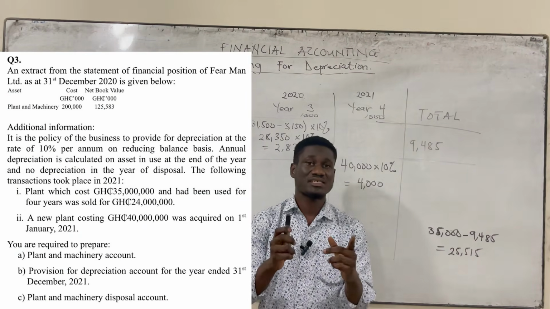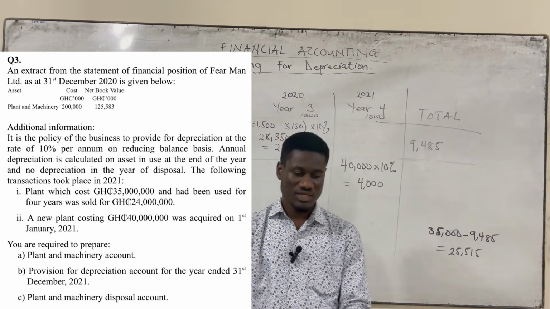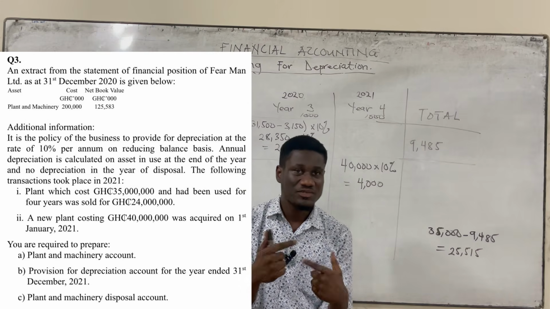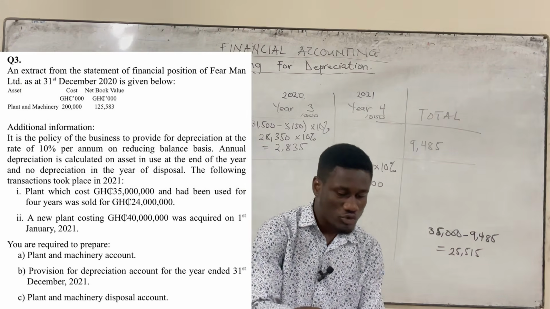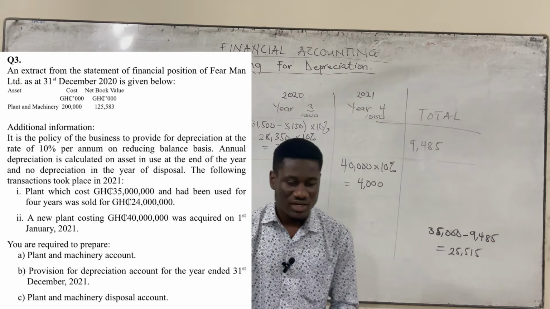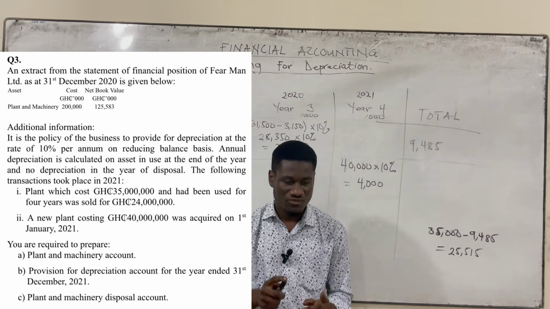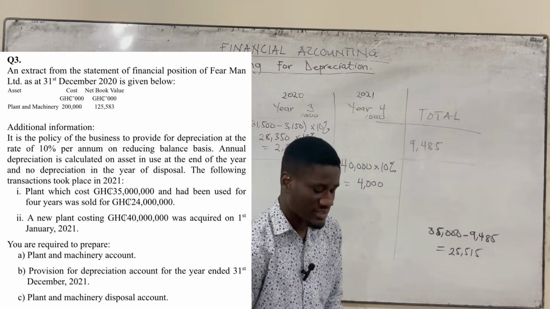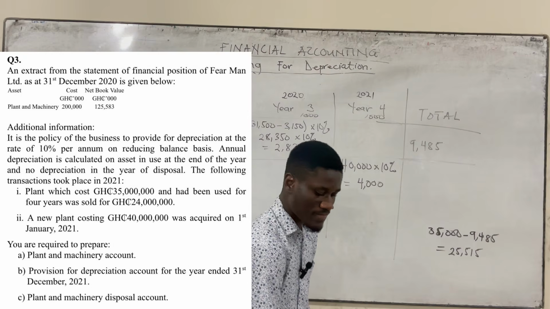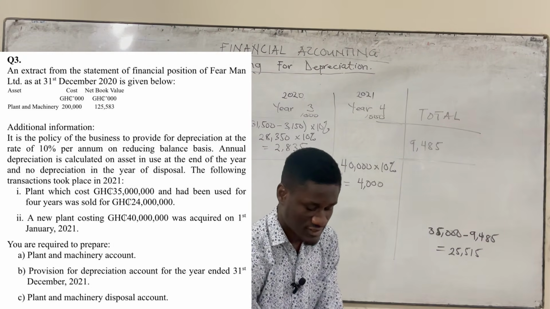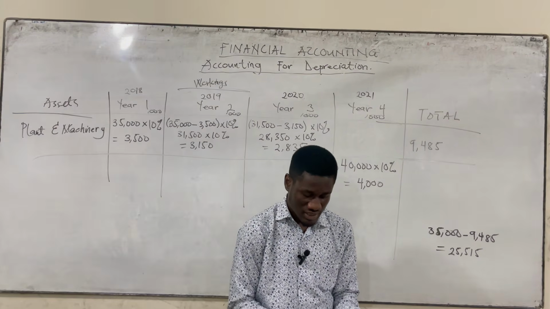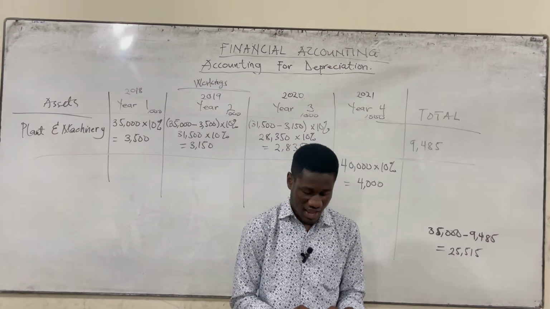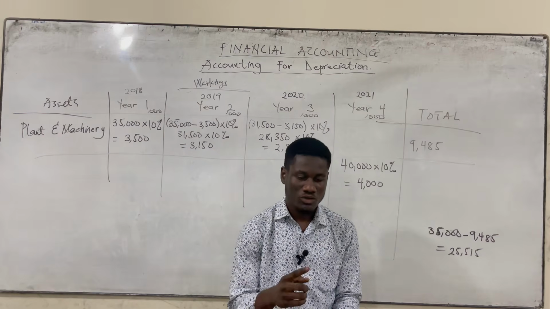Good. And from the question, you will see that there is a net book value in the question. That plant and machinery 200,000 there had its own depreciation, and after depreciation the net book value of that 200,000 was 125,583. Do you get it? So that means that if you want to find the depreciation of this asset, we are going to less the 125,583 from 200,000.